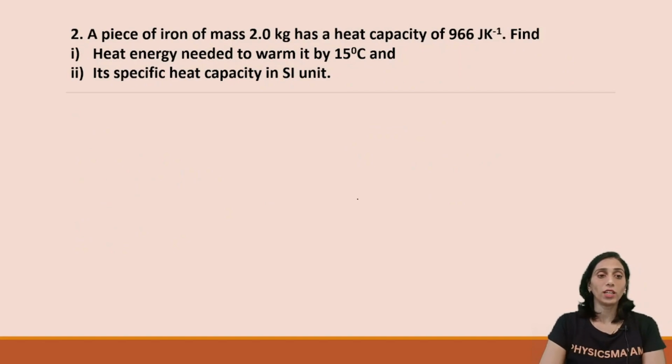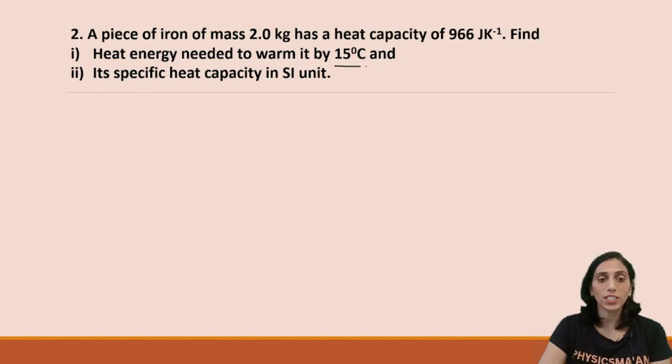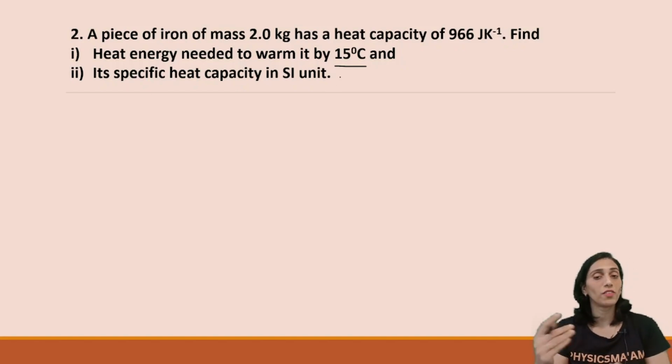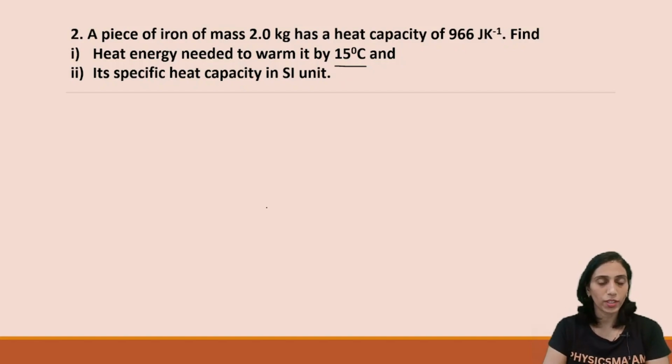A piece of iron of mass 2 kg has a heat capacity of 966 joule per Kelvin. Find the heat energy needed to warm it up by 15 degrees Celsius, and second, its specific heat capacity in SI unit. So in a question, we have two sub questions, right? Important part in these kind of numericals is to identify the quantities which are given to you, right?